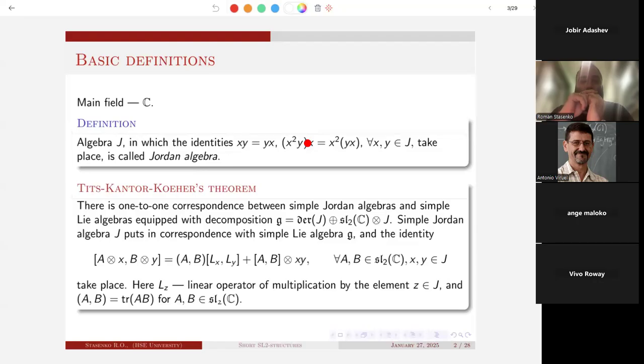It was the theorem of Tits-Kantor-Koecher, and it tells us that there is a one-to-one correspondence between simple Jordan algebras and simple Lie algebras equipped with a decomposition into a direct sum, where the first summand is the Lie algebra of derivations of the Jordan algebra, and the second is the tensor product of the algebra SL2 and the Jordan algebra.